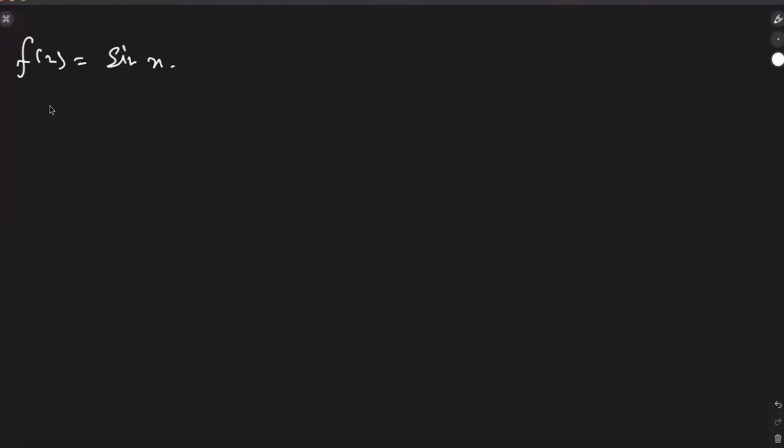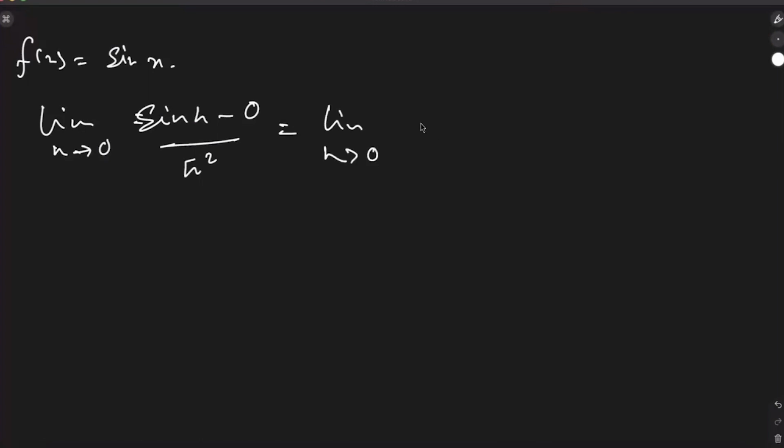Alright. So sin x is the function below. So limit h tends to 0 of sin h minus 0 whole upon h square. Okay, so this comes out to be limit h tends to 0 of 1 upon h into limit h tends to 0 of sin h upon h.